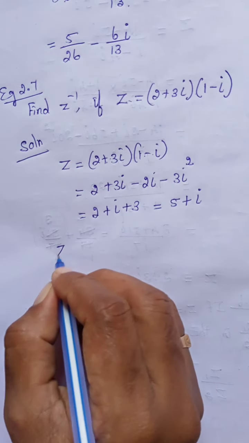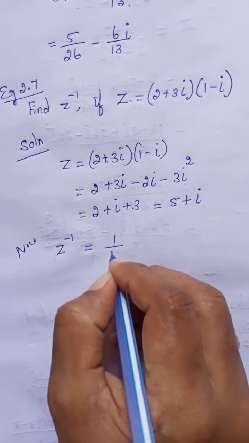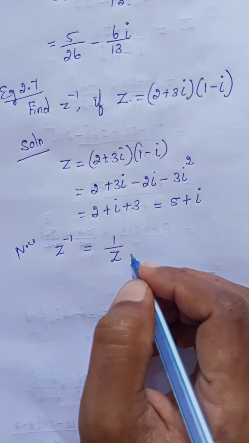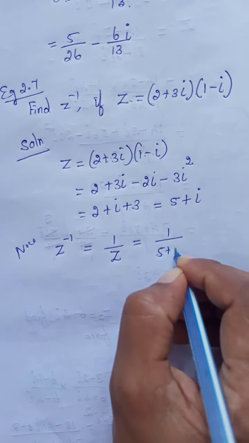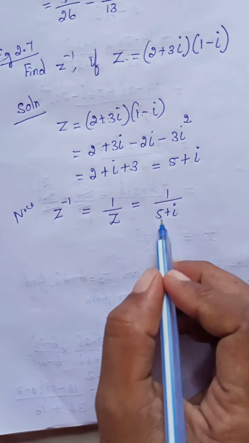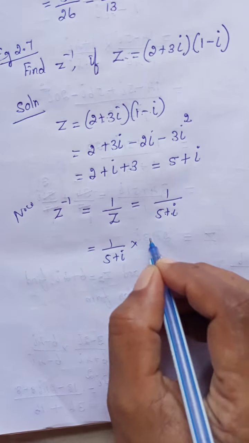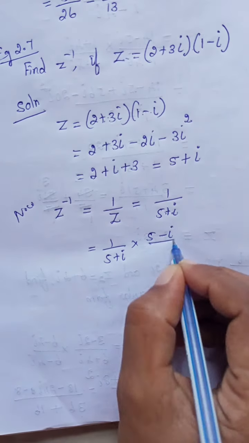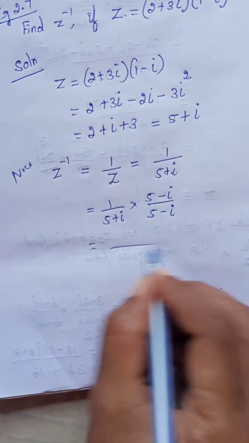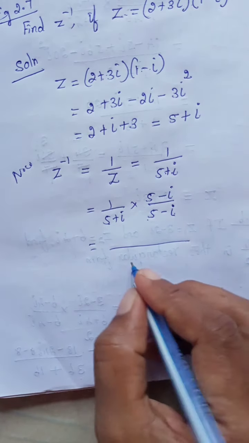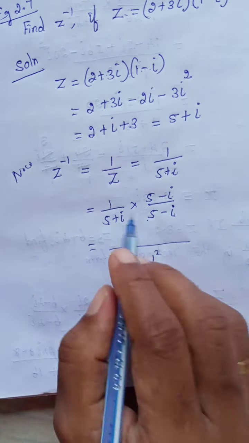Now we can find out Z inverse. Now Z inverse is equal to, we know that, 1 by Z. 1 by Z, that is 1 by (5 + i). So in order to simplify, we have to take the conjugate and multiply both numerator and denominator. So here x square plus y square, so 5 square plus 1 square.